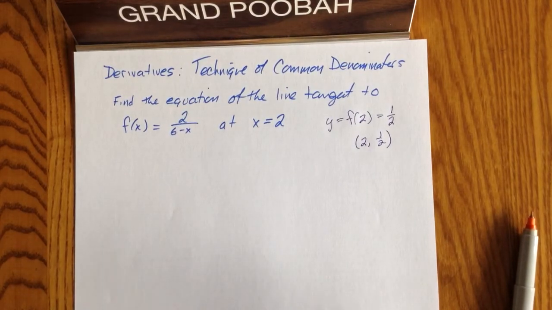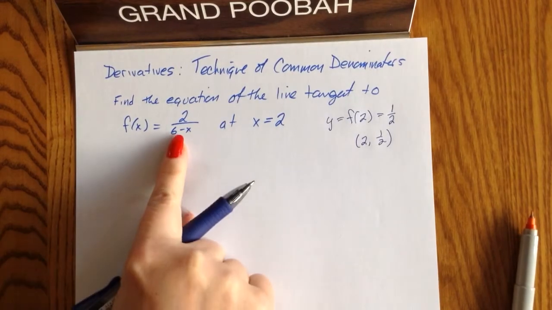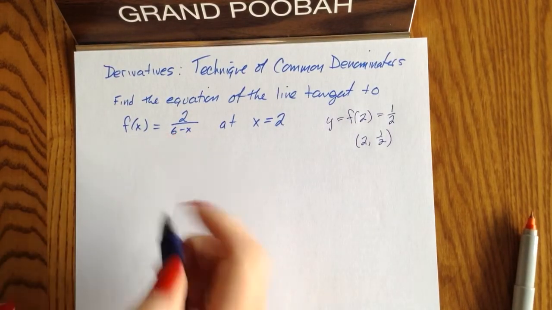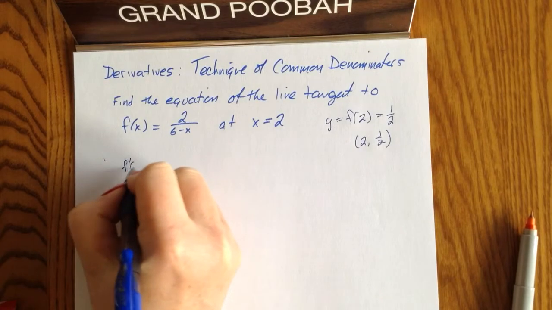What we do need is the slope. Well, how do you find the slope? The derivative. We're going to find the derivative and then fill 2 into it. All right, so here's where this gets a little bit messy. Now, think ahead, people. We are working with a fraction and the definition of the derivative itself.